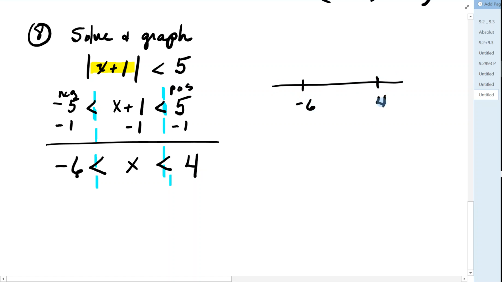Here's +4. It is between them. Remember the word between for the less thans. And this does not have equal, so you'll have parentheses. In an interval, it is from -6 to 4. It's always left to right, and they are both parentheses. So find your number line graph, type your interval.